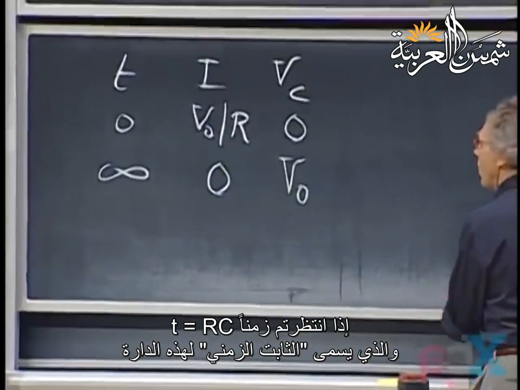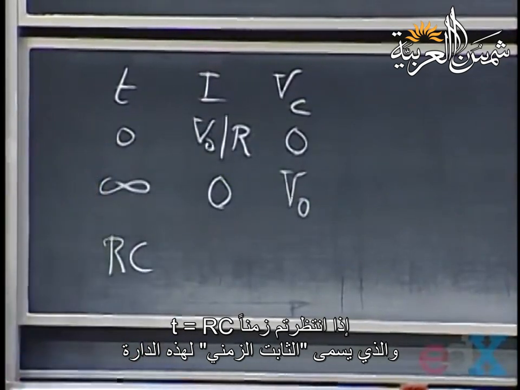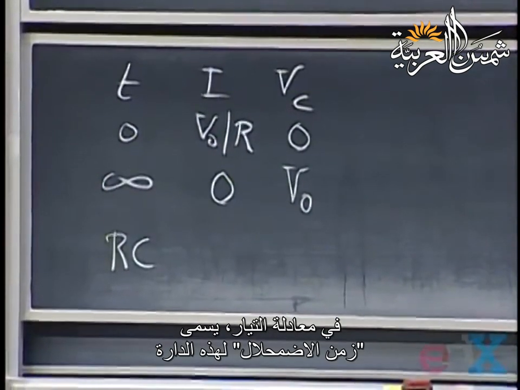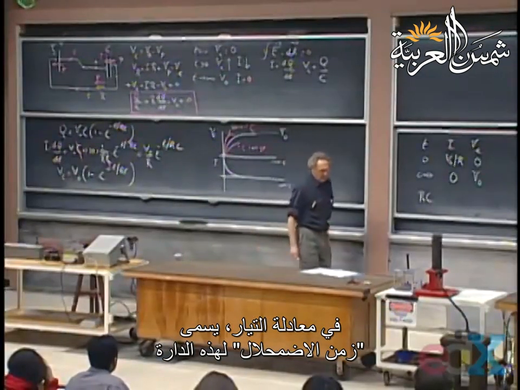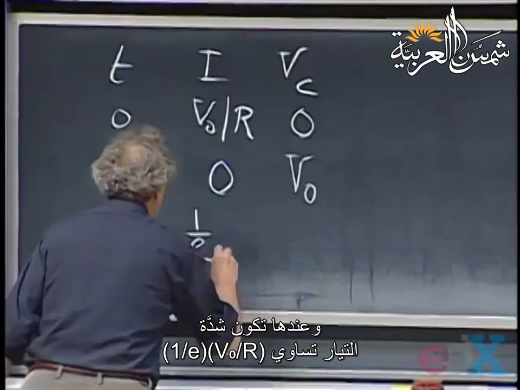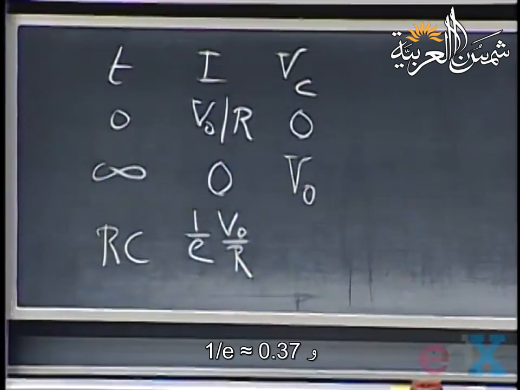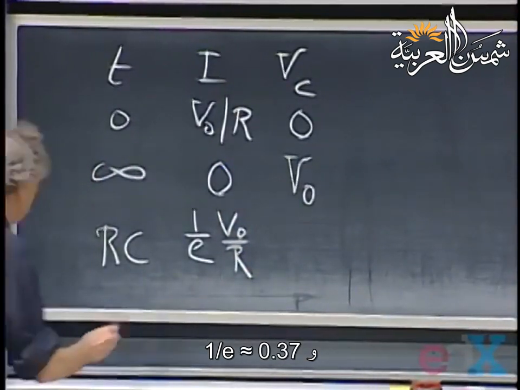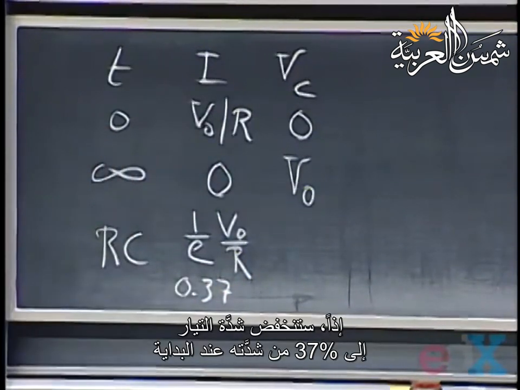If you wait a time RC, that's called the time constant of this circuit. In the case of the current, it's also called the decay time of the circuit. Then, of course, your current is 1 over e times V0 divided by R. And 1 over e is roughly 0.37. So your current is down to 37% of what it was at the beginning.